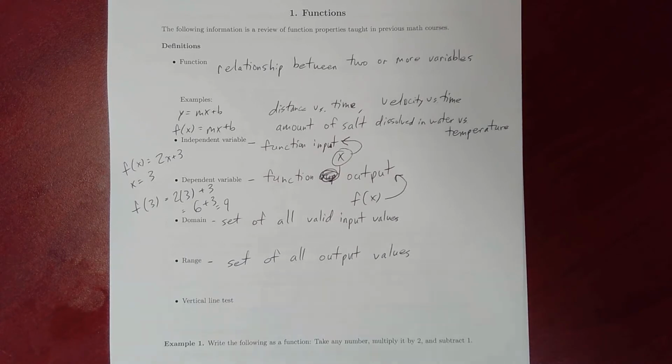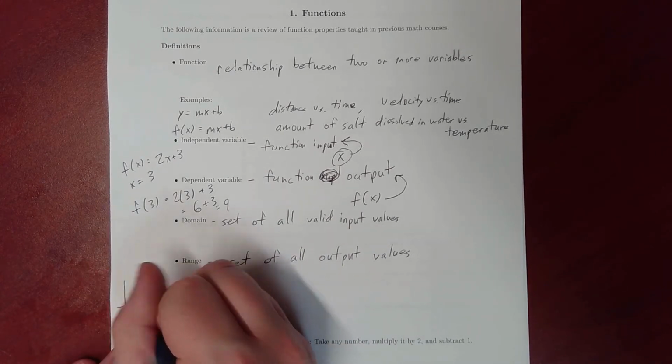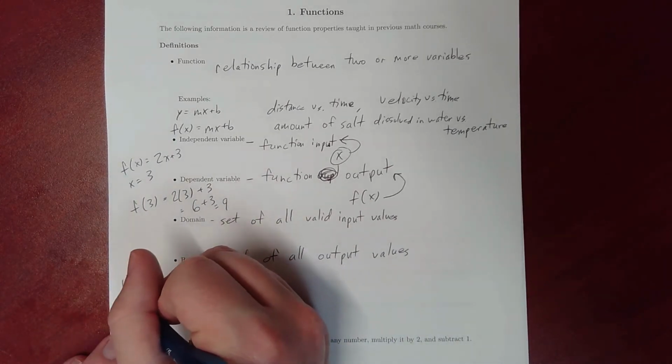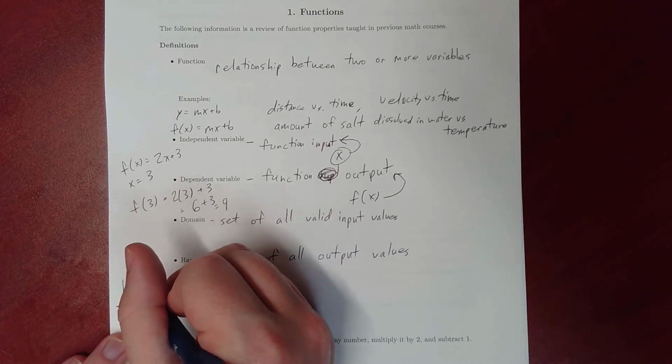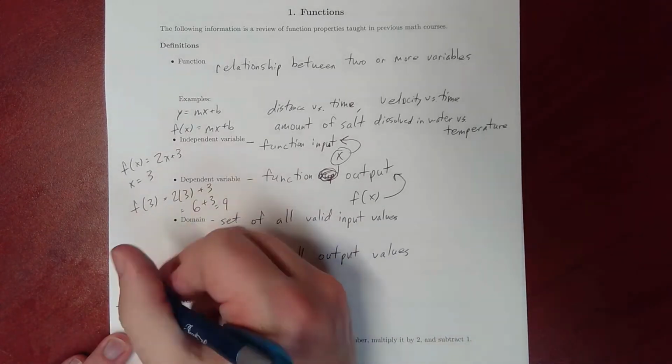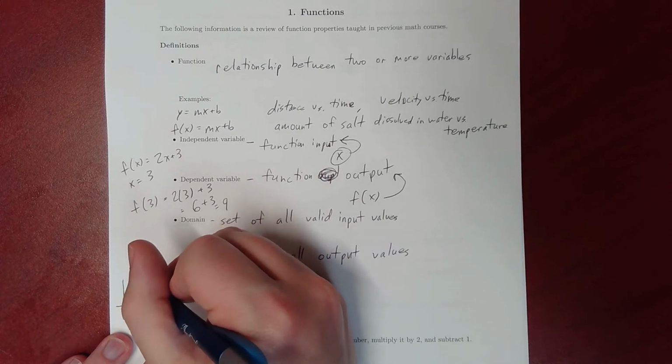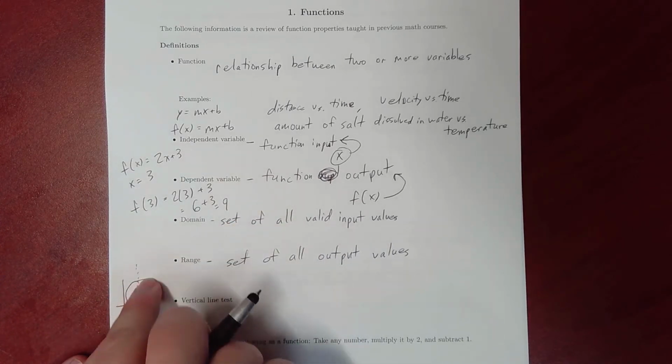Now we can also quickly tell by the graph of something whether it's a function or not, through the vertical line test. For example, if I had something that looked like this, and I tried to draw a vertical line through it, it would pass through more than one point.